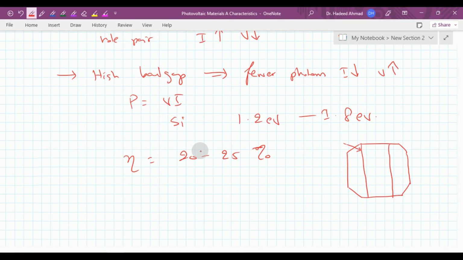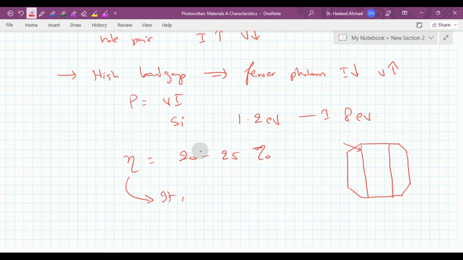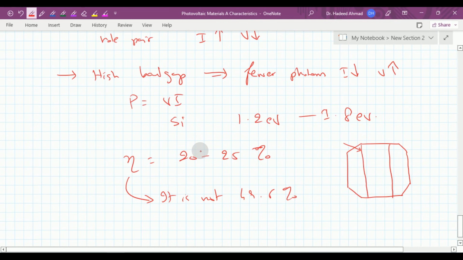Sometimes they pass through the cell without even encountering an electron, and sometimes they are reflected off the surface of the cell. And then we have the internal resistances within the cell as well. So therefore the efficiency is between 20 to 25% for silicon, and it is not 49.6%, which was the theoretical value.